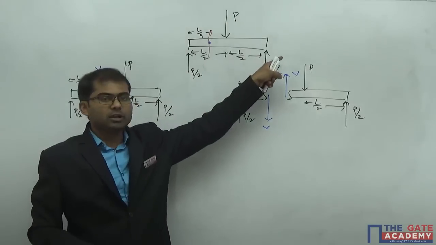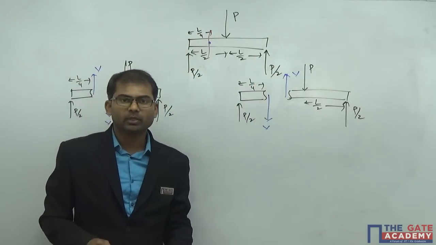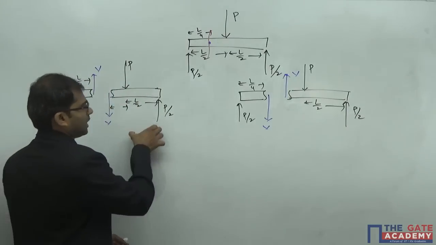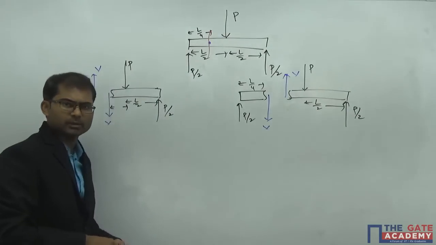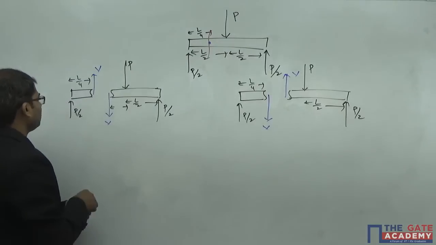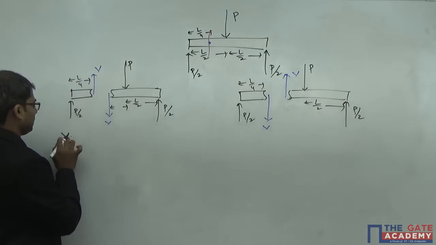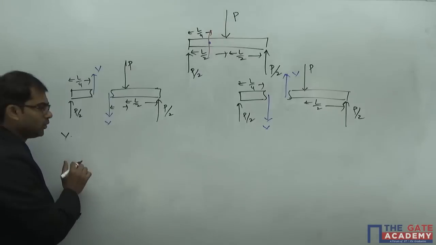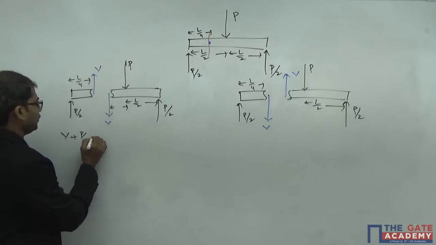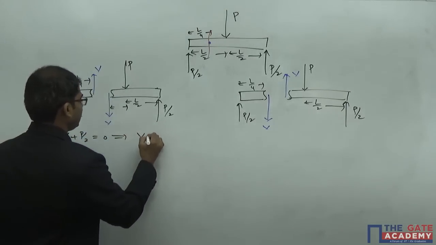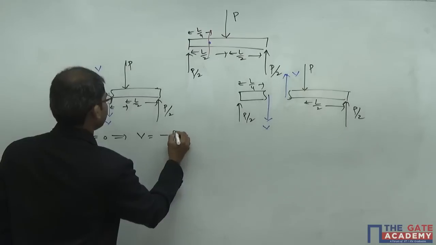When the whole body is in equilibrium, individual parts will also be in equilibrium. So I will evaluate each and every part. Let me see what value I'm actually getting. If I go with the first section here, I will get the equation that the load in the vertical direction must be equal to 0. So I'll get V plus P by 2 is equal to 0. So this implies that V is equal to minus P by 2.